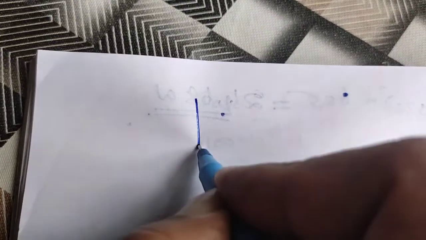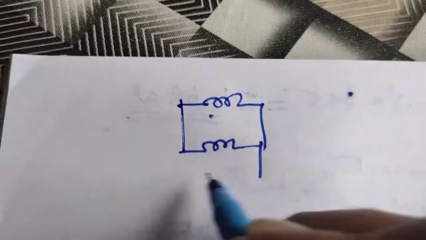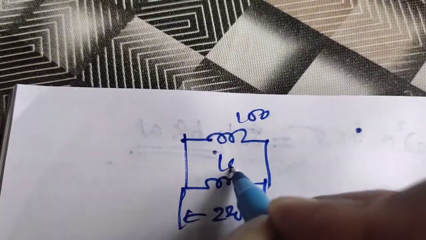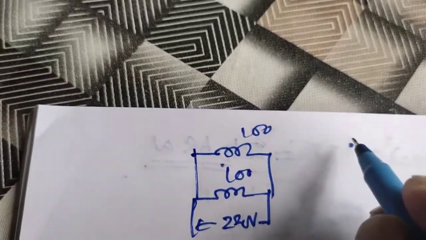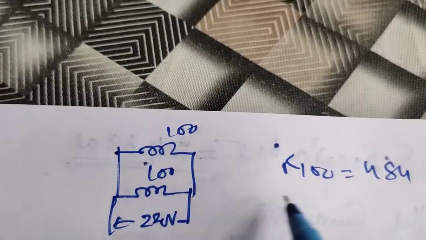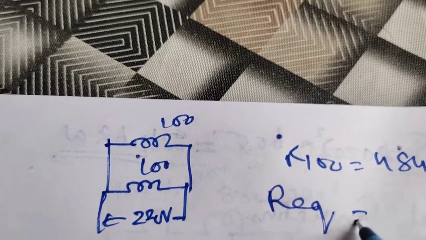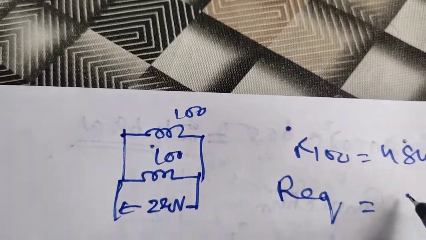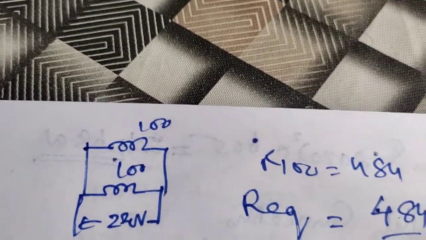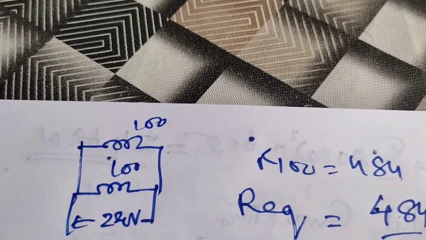Now let us take 100 watt bulbs at 220 volt in parallel. We know R100 is equal to 484, and the equivalent resistance for the parallel connection is 484 by 2, which is 242 ohms.